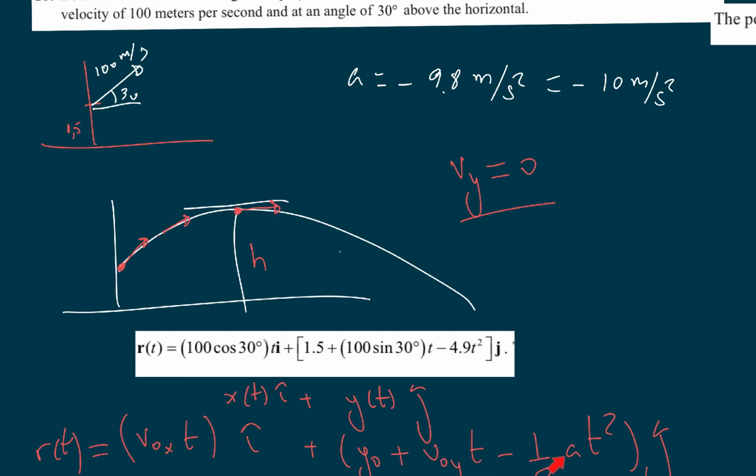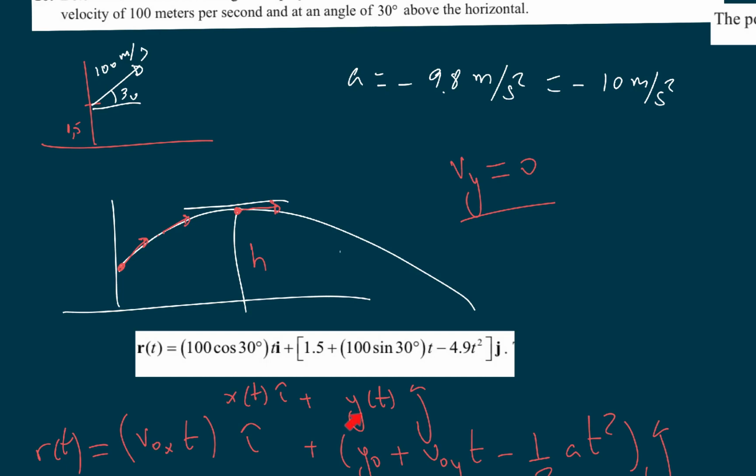So this is y of t. If I set this expression equal to 0, I will find the time t at which the derivative of y with respect to t is 0. So the maximum height occurs when the derivative of y is equal to 0.